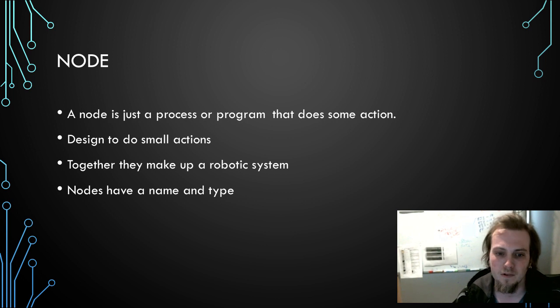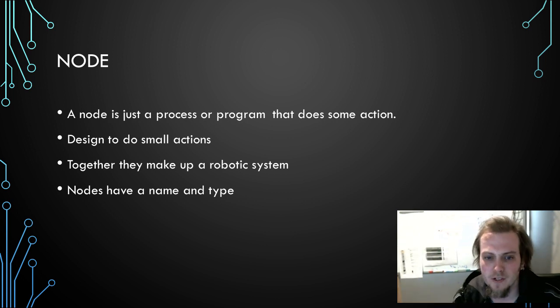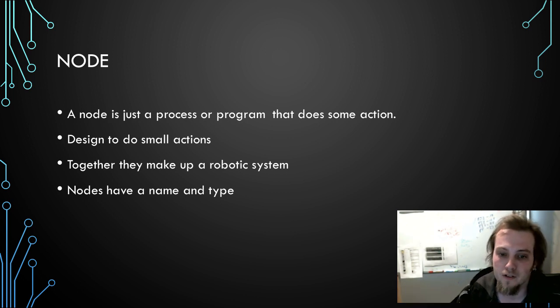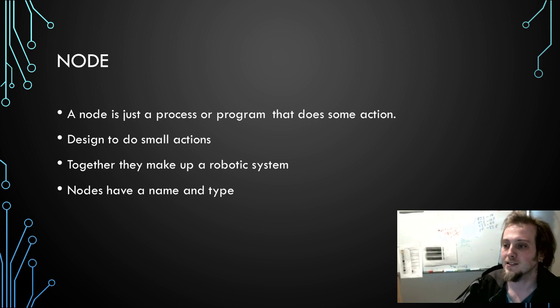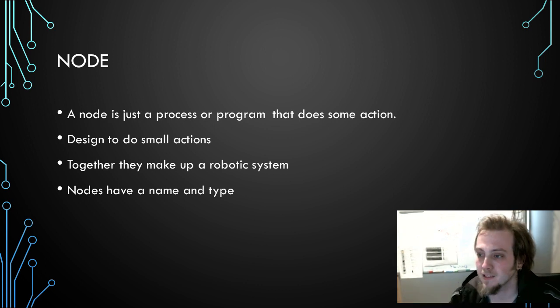So for example, a single node may collect data from some sensor, whilst another does the conversion of that sensor data. Furthermore, by having small nodes, if one crashes, it is isolated to a single node. Okay, so you can fix that particular node when you need to, rather than trying to fix the whole system.